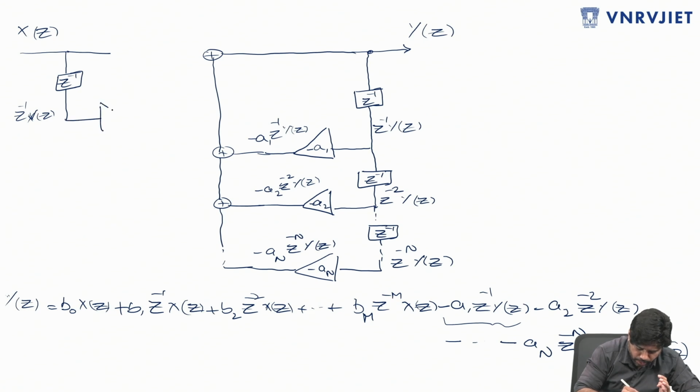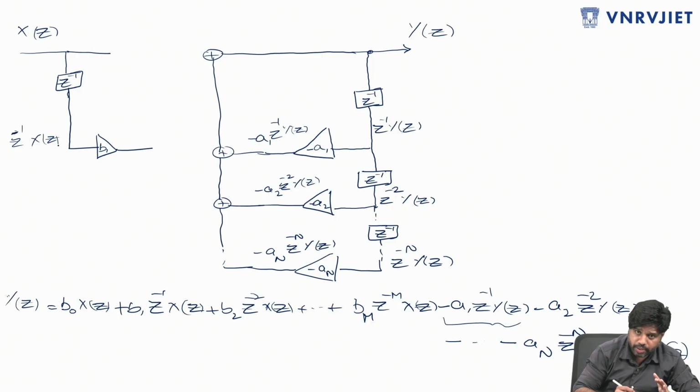Here the constant multiplier should be b1, and here the output is b1 z power minus 1 x of z.